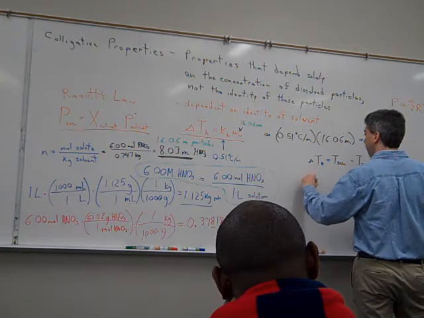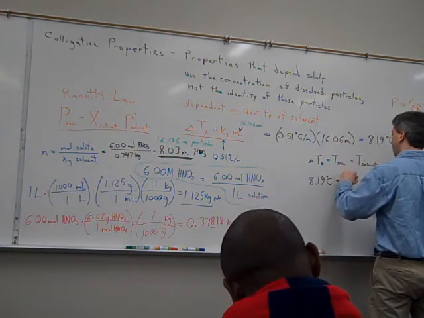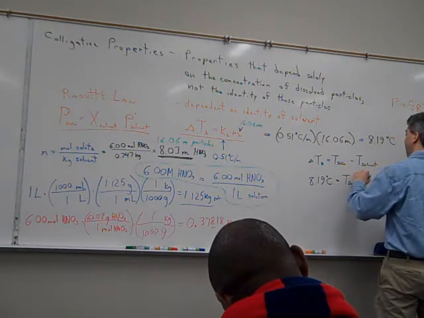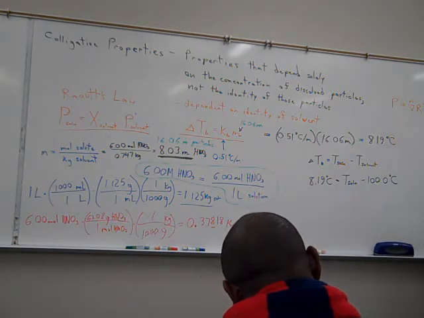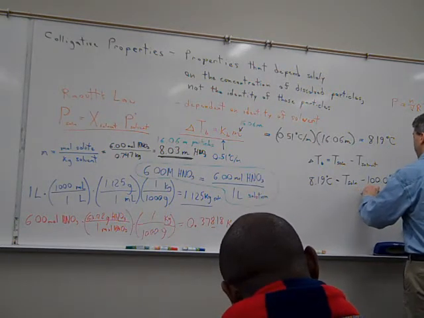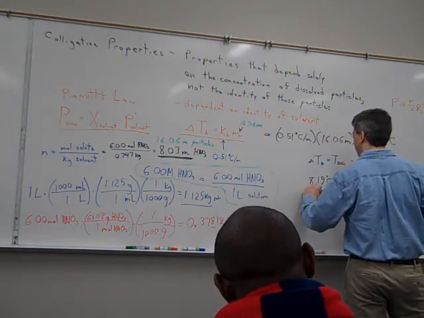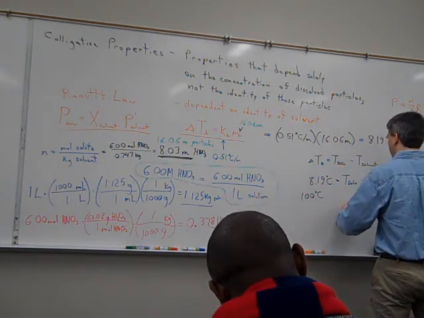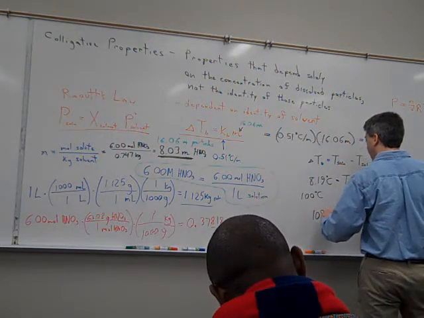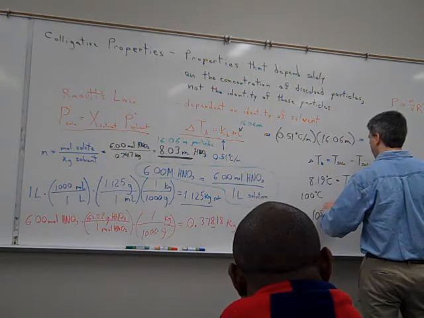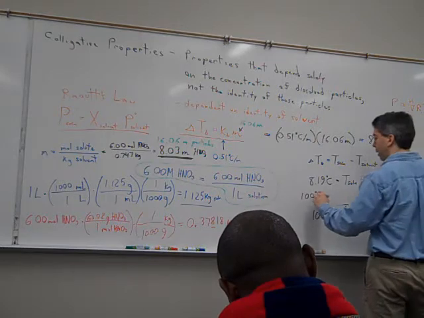So basically, 8.19 degrees Celsius is equal to the boiling point of the solution minus 100 degrees. So then all I have to do to get the boiling point of the solution is add 100 to both sides. And the boiling point of the solution is at long last 108.19 degrees Celsius. I'll add an extra 0 here so I can keep all the sig figs.